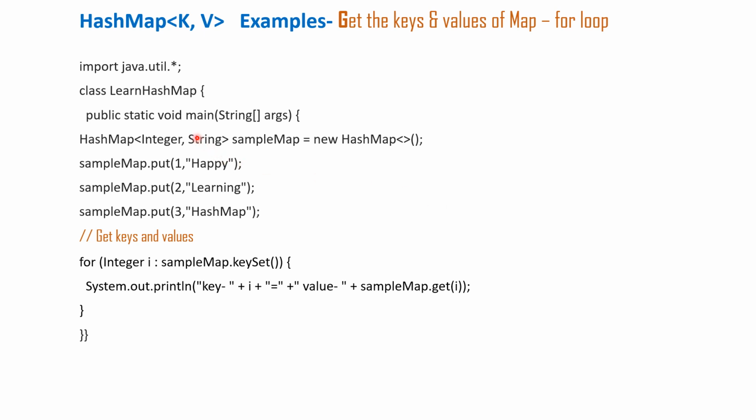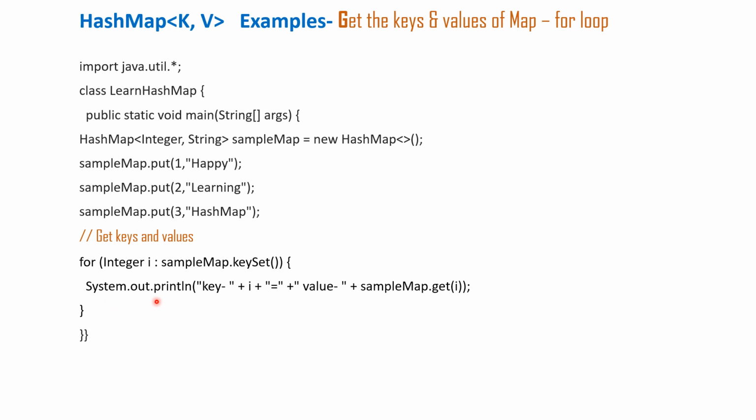The same example, creating the hash map, putting the three entries into it and getting the keys and values. So for loop, integer I, again here we have to check the data type, it is the key, and sample map dot key set, the same as before, right? We iterate the same way we iterated on keys in the last example.